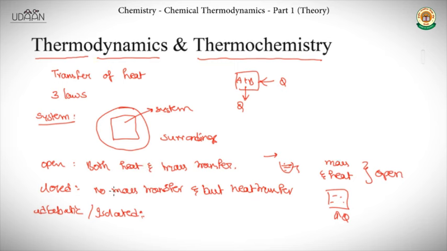In the second, the closed system, we have only heat transfer but not mass transfer. So the third one will have no mass and no heat transfer. An isolated system is a system where we don't have heat or mass transfer. We just assume that there are some systems which are adiabatic or isolated.